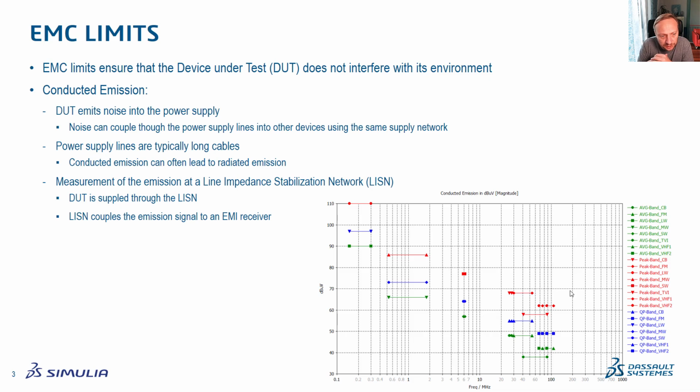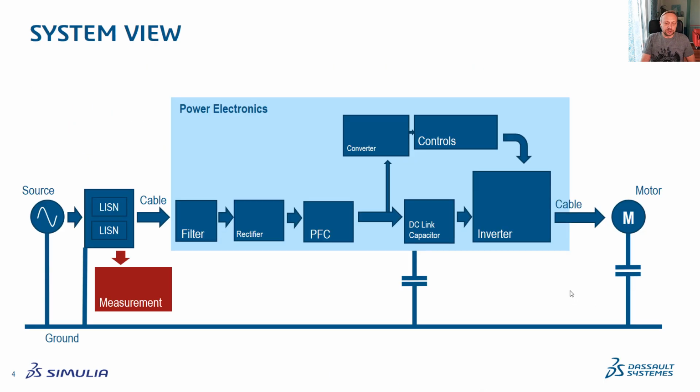The LISN has an output to an EMI receiver where you measure the emission, and then you compare the emission levels to certain limits, which can be different, but in the end it's always comparing in some frequency bands against a maximum value. You pass the EMC test if you are below the value, and you fail if you are above. That's typically how we do things in EMC.